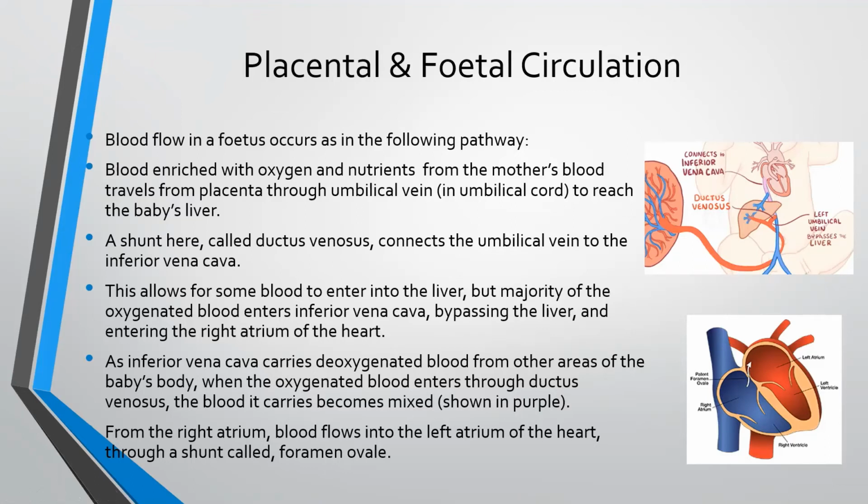So as the inferior vena cava carries deoxygenated blood from other areas of the body, when the oxygenated blood from the placenta enters, it becomes mixed. So there is a mix of oxygenated and deoxygenated blood here in the inferior vena cava now, and it then travels to the right atrium.